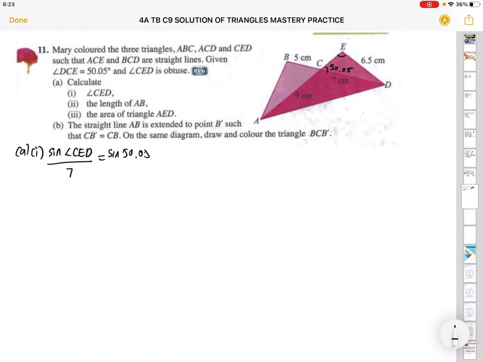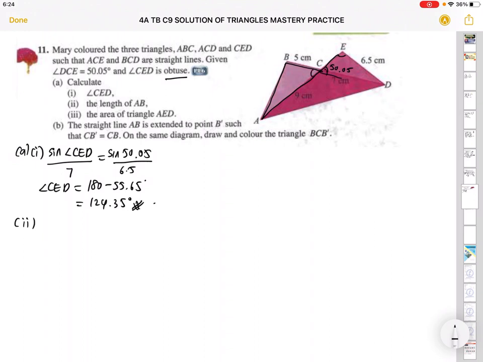Since the question says CED is obtuse, I need to take 180 minus, and in this case I got 124.35. Okay, Roman 2, I want to find the length of AB. So now let's focus on this triangle here, and because these two are vertically opposite angles, this is also 50.05. We can use cosine rule.